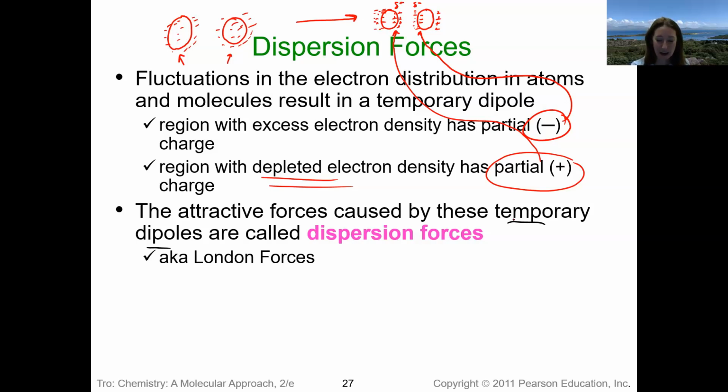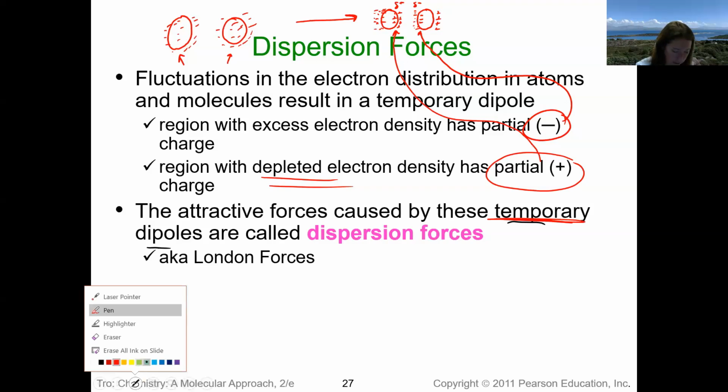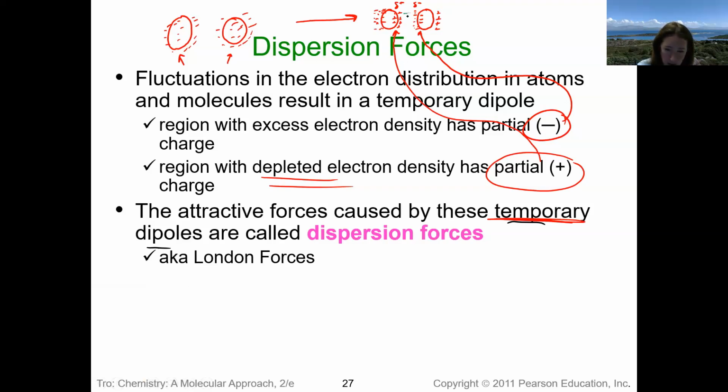This is temporary. Why? Because electrons move very, very fast, right? So this literally happens and it's gone, and then it happens and it's gone, just like that. This attraction between these molecules lasts like a nanosecond, and then the electrons go right back, and then they get close to each other again and the electrons move again.